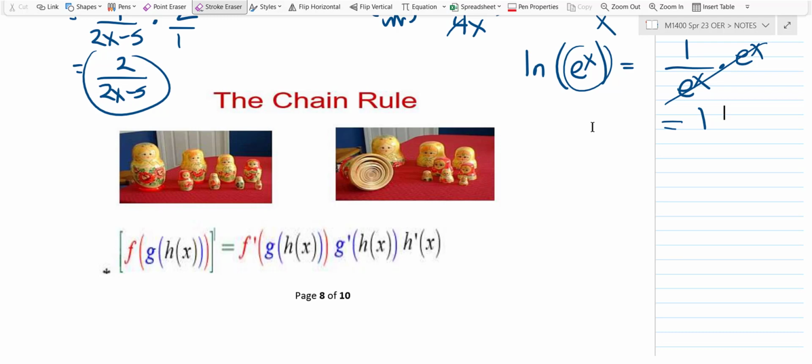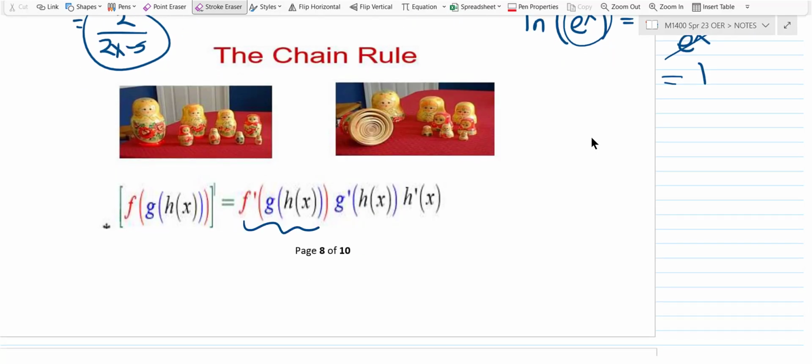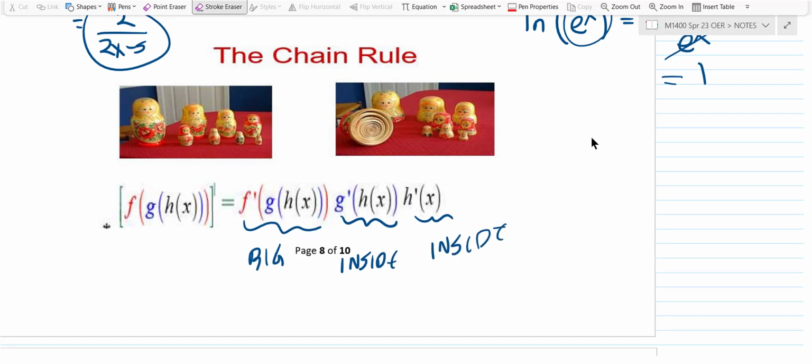We might do a function in a function in a function, but nothing more than that. But that's the idea of what the chain rule is. So you got the big function, you got the inside part, and if you had another inside part, you would just multiply by it. That's a weird looking formula, but that's what that is saying.